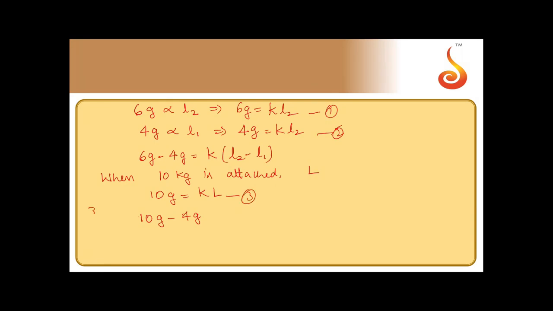So 3 minus 2, if I consider, 10 G minus 4 G is equal to K into L minus L2. Okay, I have given this as L1. So this will be K into L minus L1.